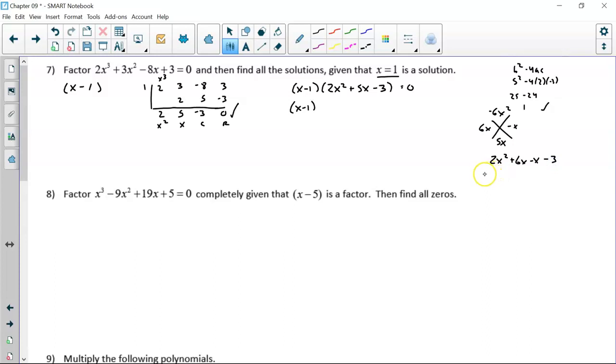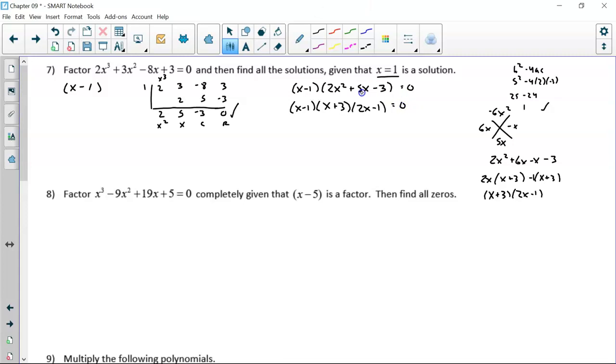So our common factor of the first two is 2x, times x plus 3. Factor out a negative 1, and then you have x plus 3. So our common factor, x plus 3, and then what's left over, 2x minus 1. There it is. We factored.